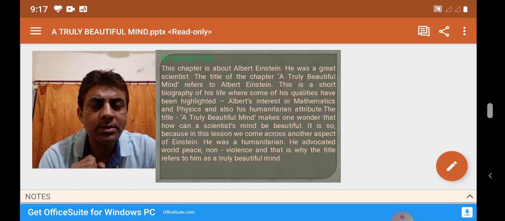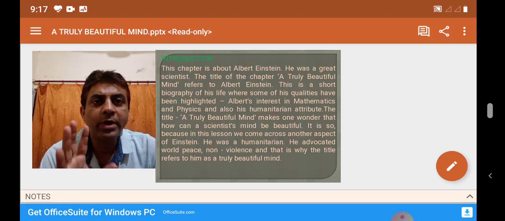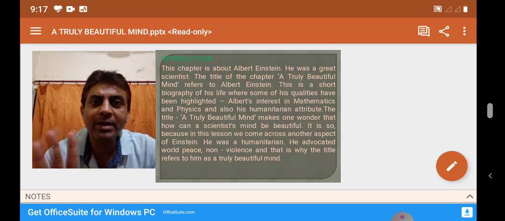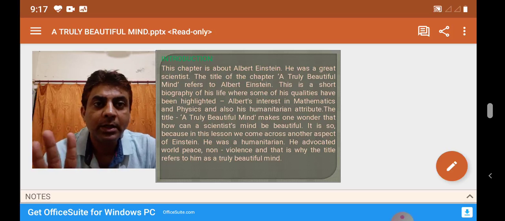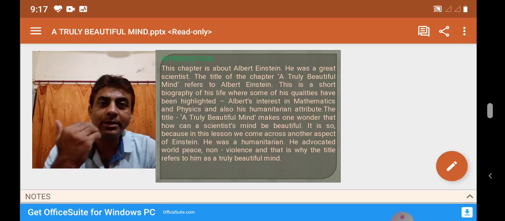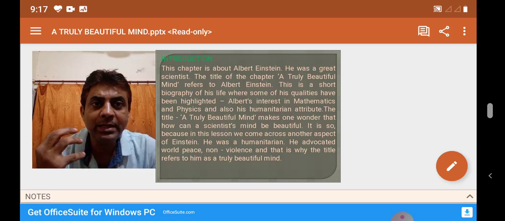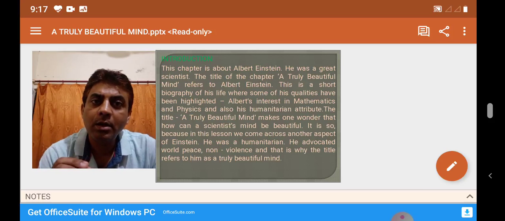Dear students, no doubt he was a world's brilliant scientist, but apart from this, he was a great humanitarian. He emphasized the need of peace and prosperity in the world. That is why he is called a truly beautiful mind.